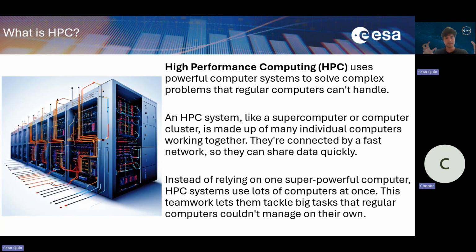An HPC system is essentially what some would call a supercomputer, made of a cluster of computers, even smaller computers, some would say, that work together as they're interlinked with a very, very fast network to be able to share data quickly and communicate to handle these big tasks. So instead of relying on one very powerful computer, an HPC system would use a lot of computers at once, which creates teamwork and lets them tackle bigger tasks that they won't necessarily be able to achieve by themselves.